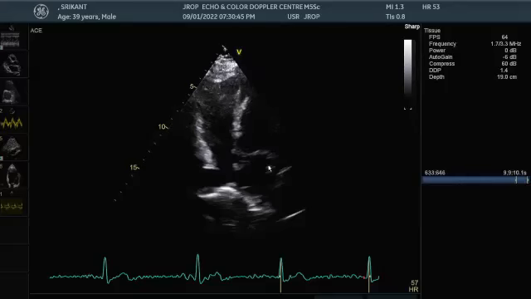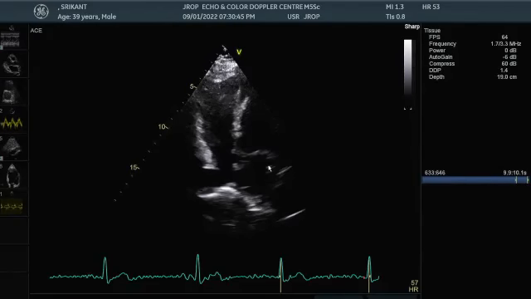Then add RA pressure to it because tricuspid regurgitation is going into the RA. So RA pressure, let's take it as 10: 64 plus 10, 74. So 74 is the peak pulmonary artery pressure. Then you derive mean pulmonary artery pressure: 74 into 0.6 plus 2.1. That is a fixed figure. Then you get the mean pulmonary artery pressure.